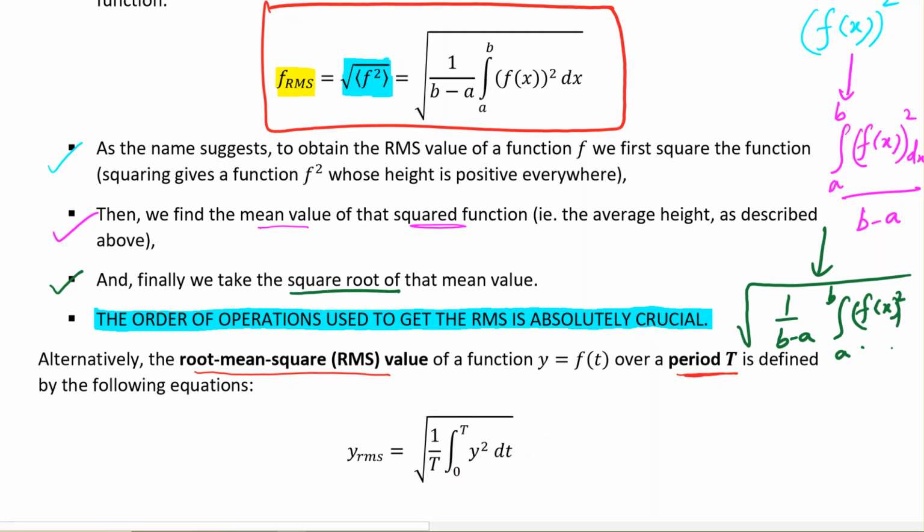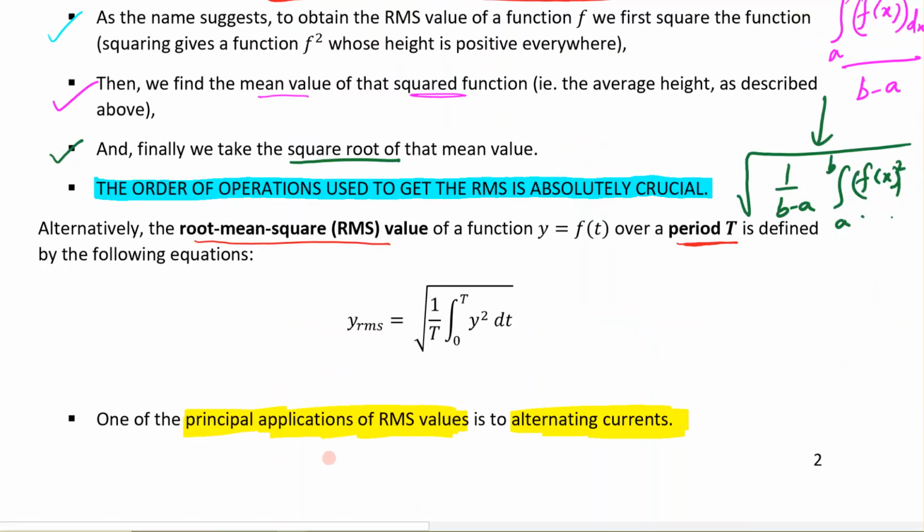It's just an alternative form of writing the root mean square formula. One of the principal applications of RMS values is in alternating currents.